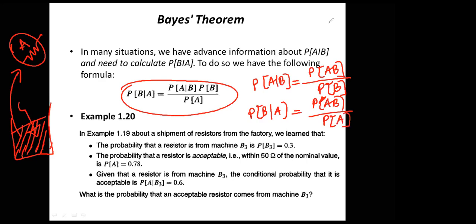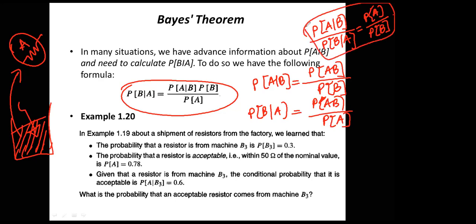If I divide, what will that be? P(A|B) divided by P(B|A) equals P(A) divided by P(B). From this one, we can find this one easily.